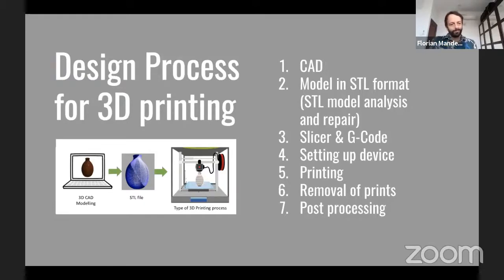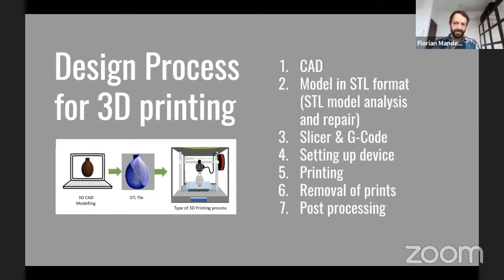So you load your 3D model then in the printer software. And in the printer software, you can adjust some of the settings. You would fix the STL format if there are any damages. It happens quite often that the model is not perfect, but at least there you can see it, you can fix it, and that software is actually called a slicer because it just cuts the model down into layers.